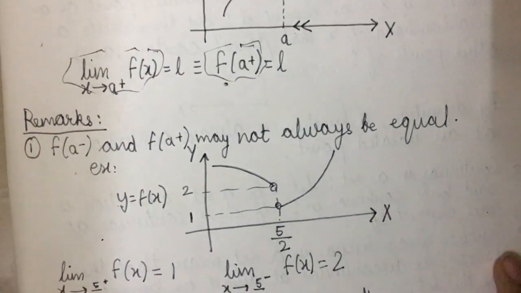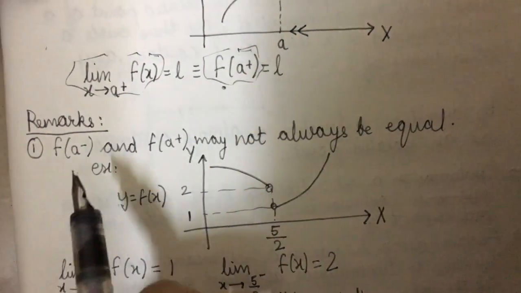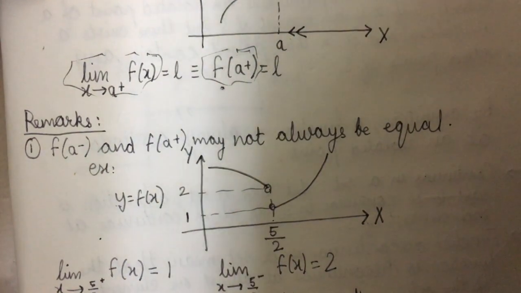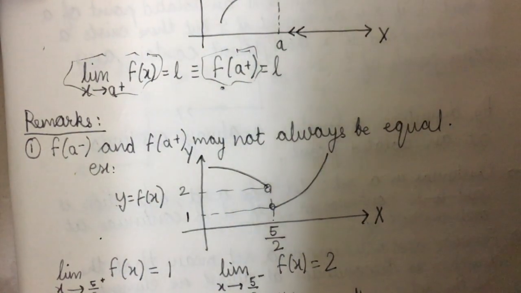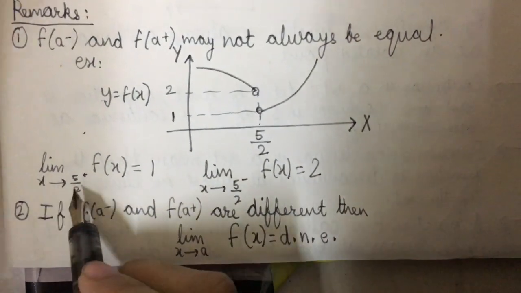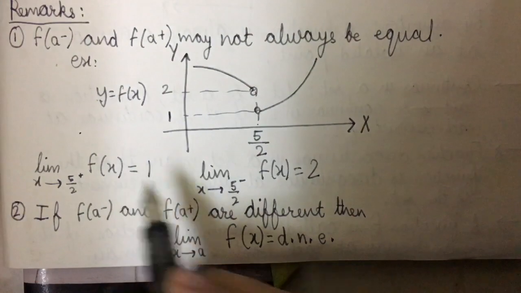Now some remarks about what we have studied. f of a minus and f of a plus, that is the left hand limit and the right hand limit, may not always be equal. Here is an example. Here limit x tends to 5 by 2 plus f(x) equals 1.